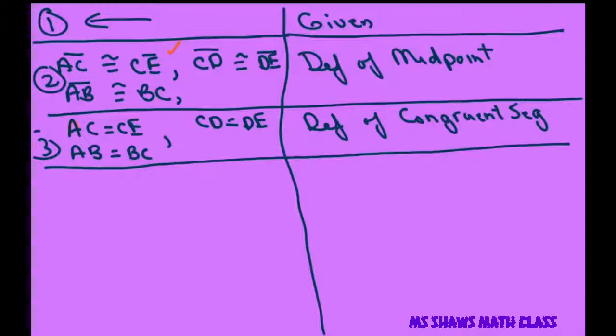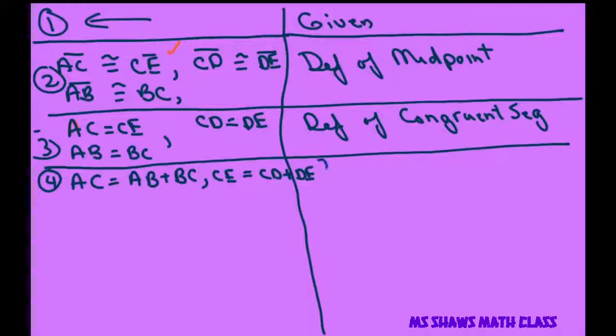And then we want to write that AC equals AB plus BC, and that CE equals CD plus DE.